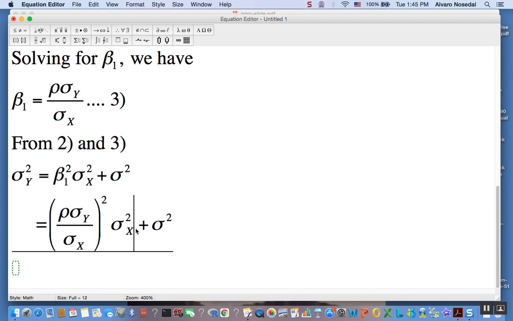Now note that sigma sub x square is going to cancel out here, so what we're going to have is just rho square times sigma sub y square.